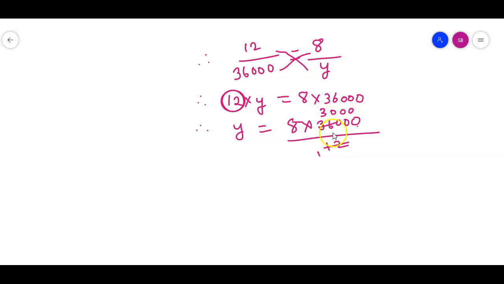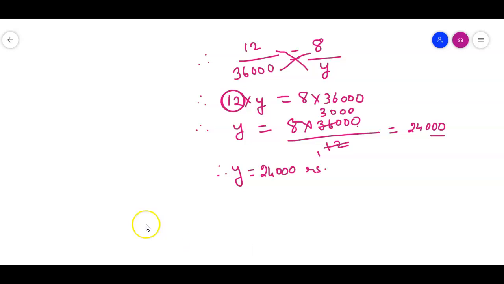So 12 into 3000 is equal to 36,000. So 36,000 is cut. Now remaining 8 into 3. 8 into 3 is 24, and the 3 zeros as it is we will add over here. Therefore the answer is y is equal to 24,000 rupees. So this is what we wanted, the cost of 8 quintals of soya bean.